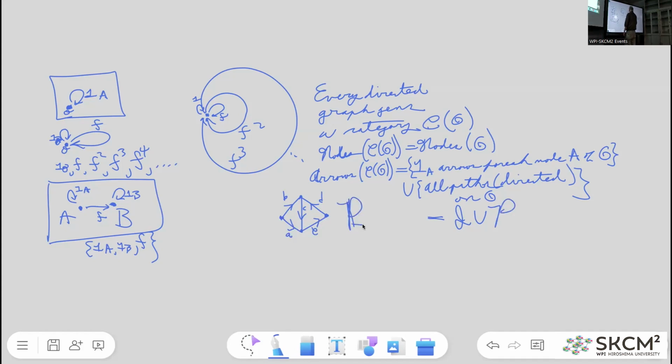Well, for the path part, we're going to have, of course, the identity paths. So I guess I do have to put them in. We're going to have the non-identity paths, other than the identity. I just wanted to throw them up there so I didn't have to worry about them.